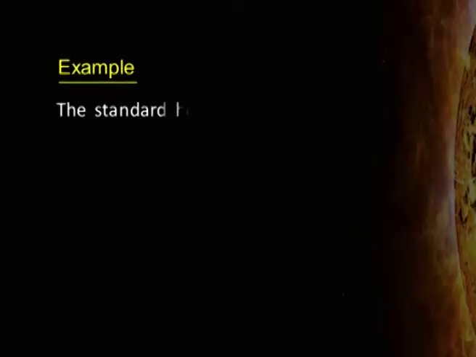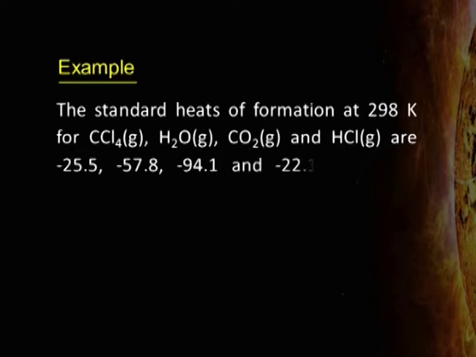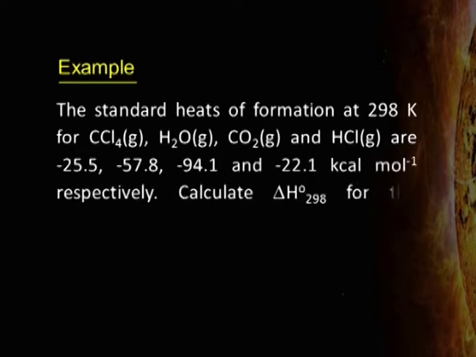There is another example to relate heat of formations and heat of reaction. The standard heats of formation at 298 Kelvin for CCl4 gaseous, H2O gaseous, CO2 gaseous and HCl gaseous are minus 25.5, minus 57.8, minus 94.1 and minus 22.1 kilocalories per mole respectively.